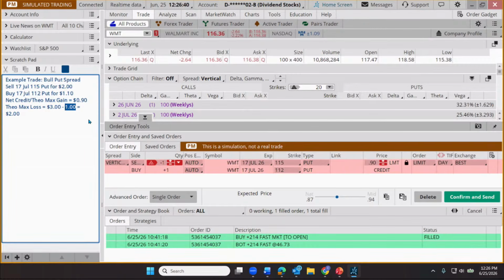It would give us a theoretical loss of 210. Double check my math. If I ever forget to adjust something appropriately, let me know. Somebody's following along at home. Don't tell me whether it's paper or real. I'm not trying to give investment advice here, but it looks like they got a $1 credit. I don't know what I'm going to get for this one.